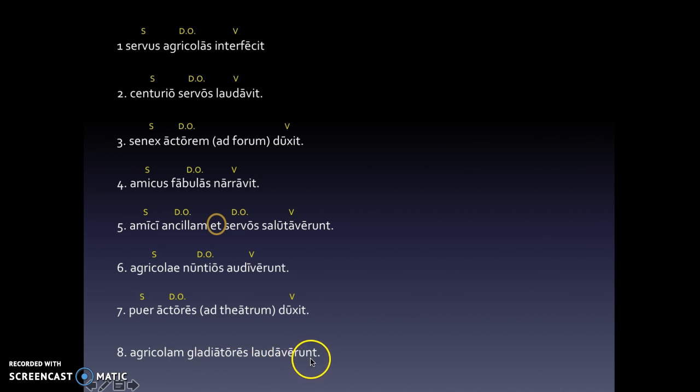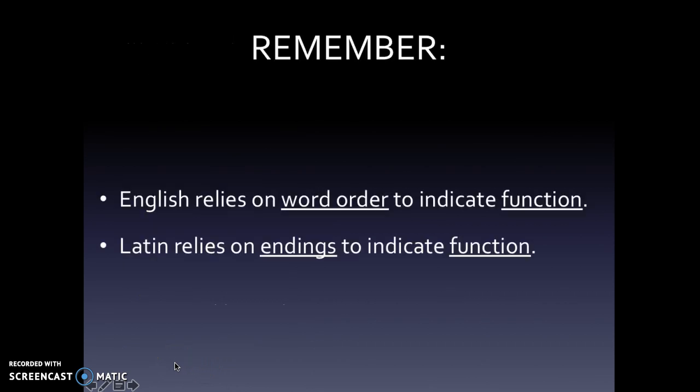So if we have a plural verb, we can handle a plural subject. And that's what we've got. I flipped the word order on you a little bit just to trick you and hopefully throw you off. Keep you on your toes. Remember, Latin doesn't rely so much on word order. It relies on endings. So the gladiators praised the farmer. We know that it's not the farmer praised the gladiators because of our endings.